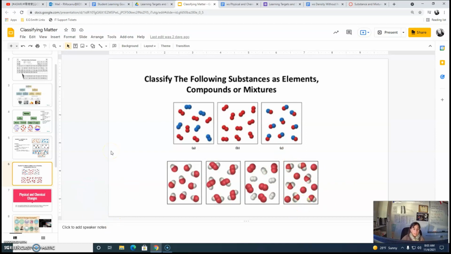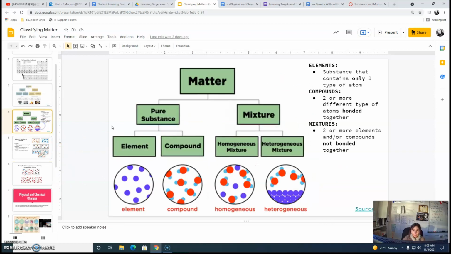Okay, so this is basically how you go about classifying elements, compounds, and mixtures based on these kinds of diagrams. And again, the last step in this would be that if you see something like this from mixtures, if you see one which looks more or less homogeneous throughout, meaning that the atoms and the molecules in it are dispersed more or less evenly throughout the mixture, then that makes it a homogeneous mixture.